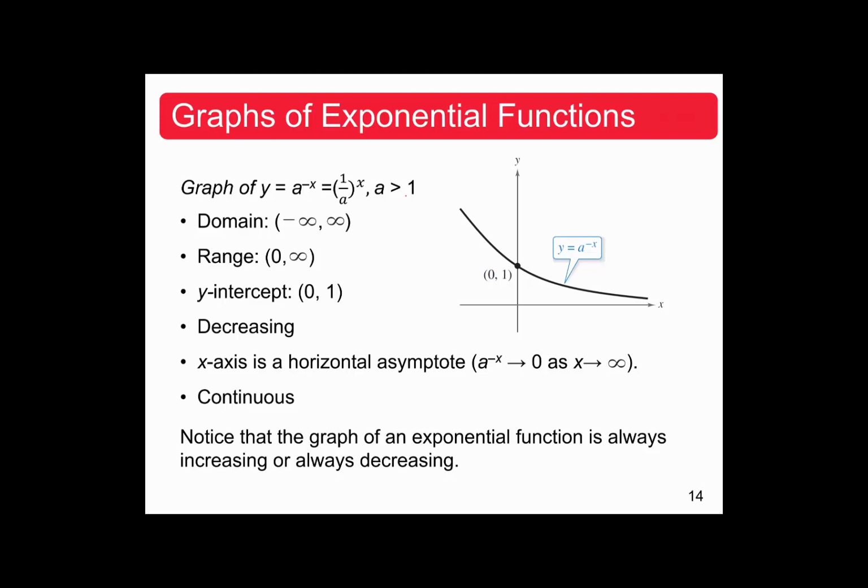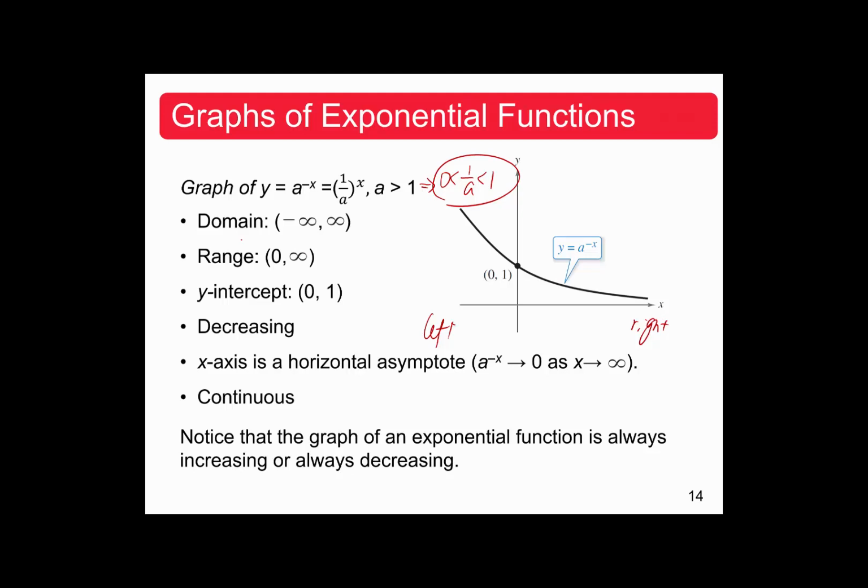If a is greater than 1, then 1 over a must be between 0 and 1. So the base is not a whole number, it's a decimal number. Then from left to right, we have an exponential decay model, right?